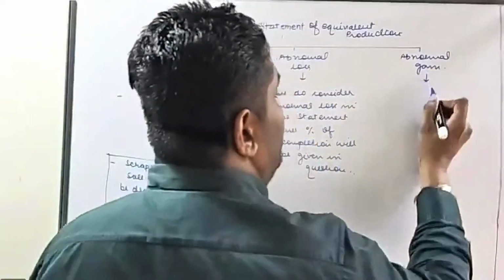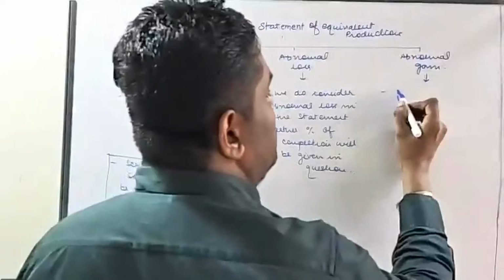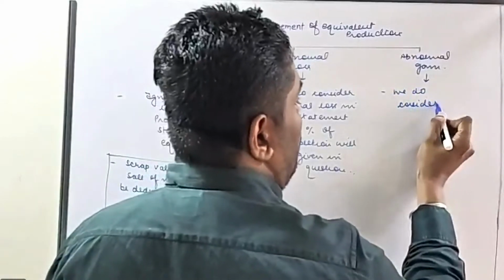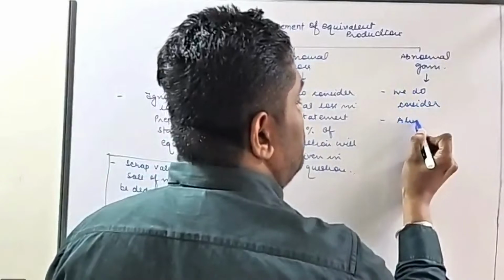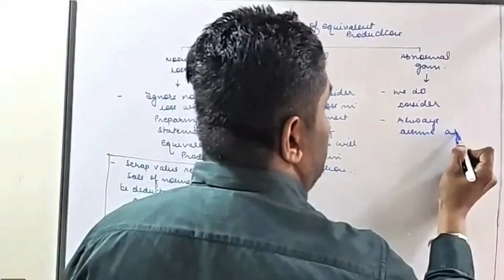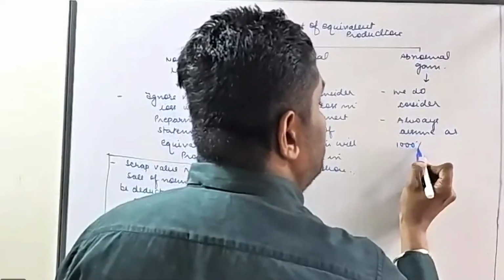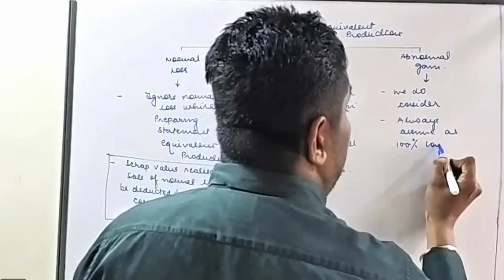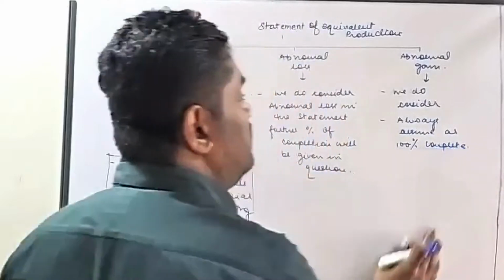When talking about abnormal gain also, yes, we do consider it. Further, always assume 100% complete.